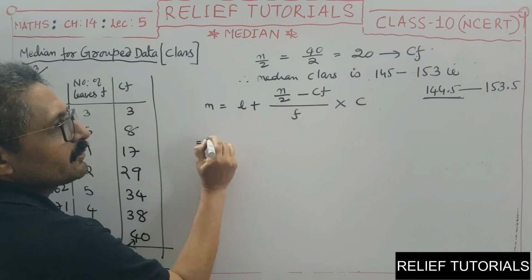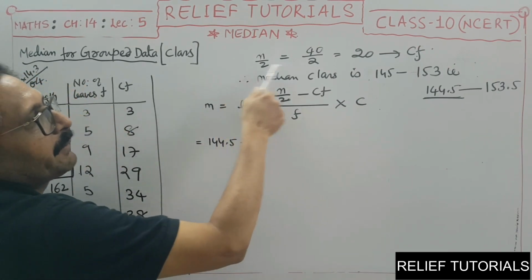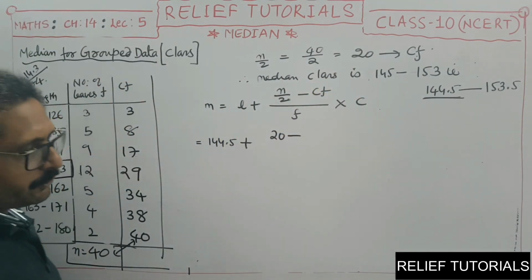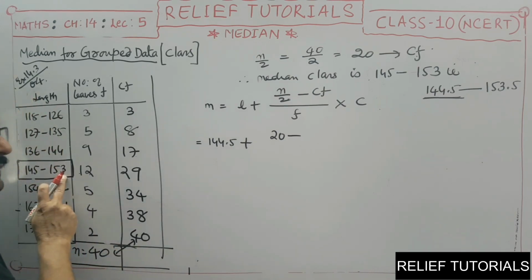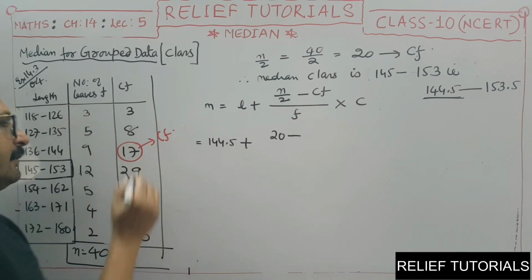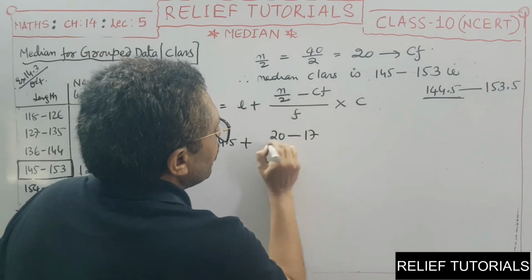So L is equal to 144.5 plus n by 2. N by 2 is 20 minus cumulative frequency. I told you repeatedly, we will not consider the cumulative frequency of the median class, but of the class preceding the median class. So this is our cumulative frequency, 17, upon f.